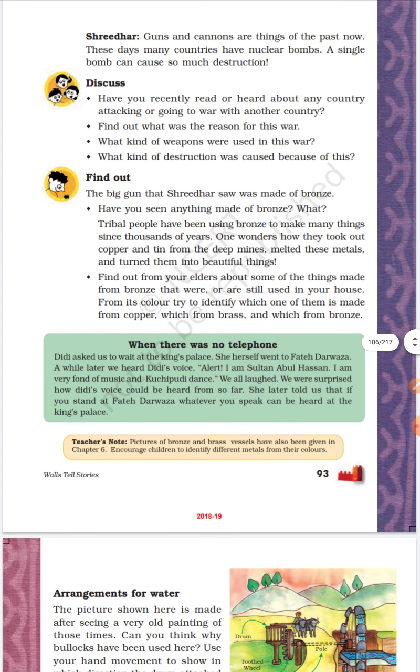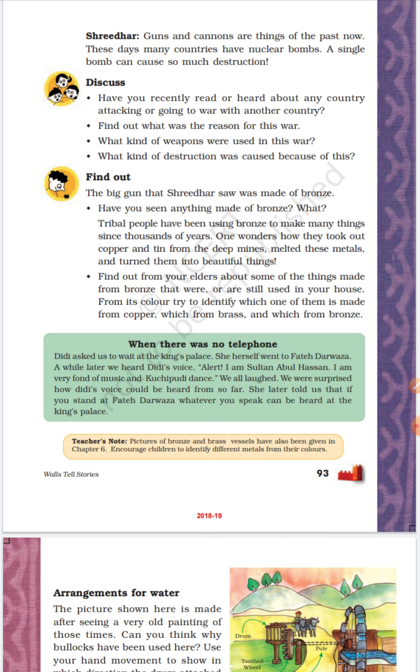Okay. Have you seen anything made of bronze? The big gun that Sridhar saw was made of bronze. So you are supposed to find out the things which were made of bronze. Tribal people have been using bronze to make many things for thousands of years. One wonders how they took out copper and tin from deep mines, melted these metals, and turned them into beautiful things.